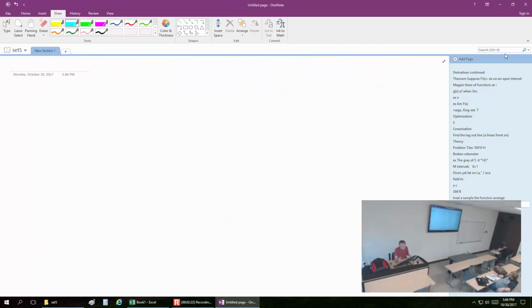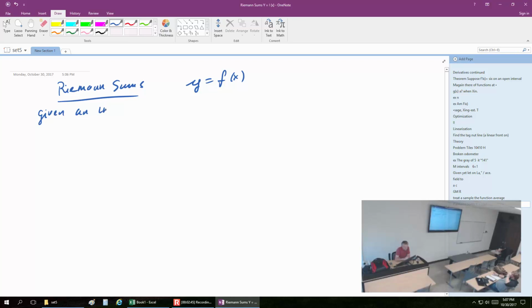Suppose we have an interval. So we have a function y equal f of x, which we know nothing about, and we are also given an interval a b.